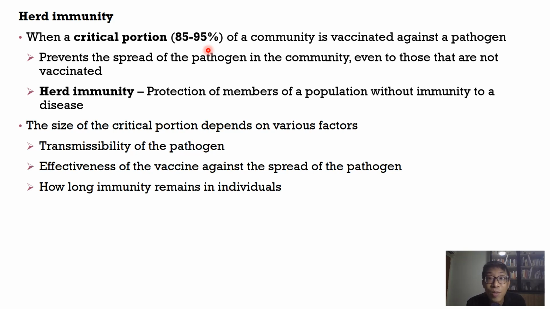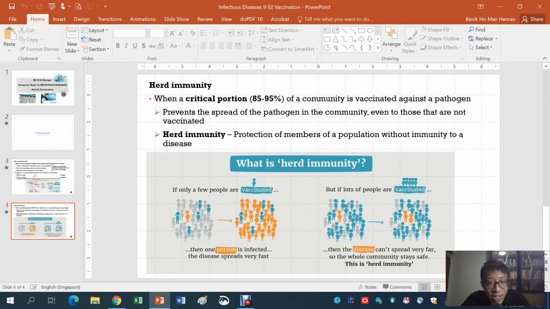So the point is to get as much as possible of the population vaccinated, instead of stopping at a particular percentage. Yeah. All right, so that would be for vaccination. Okay.